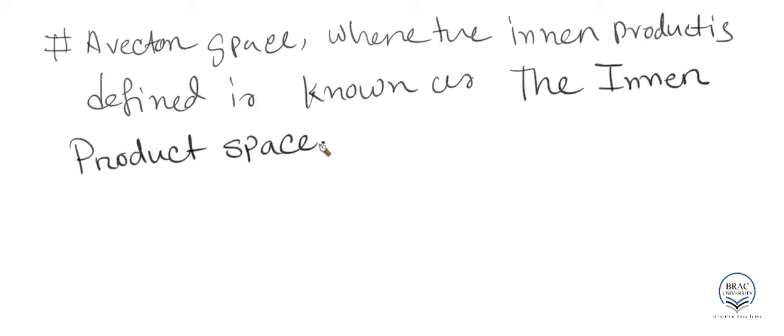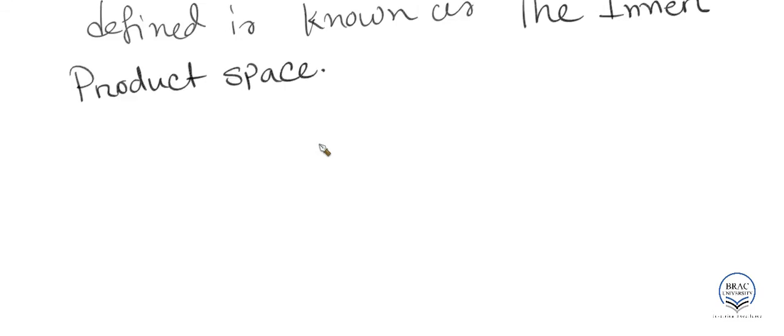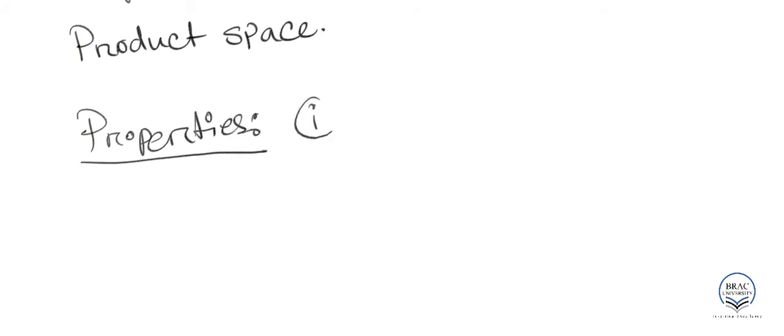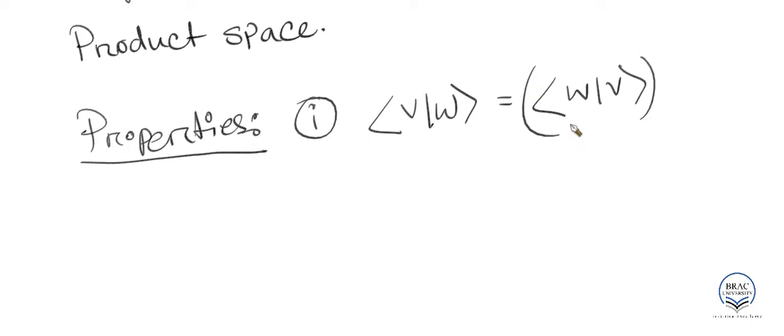So let's try to see some properties of this inner product. The first property is that v inner product with w is the complex conjugation, that is the adjoint, of w inner product with v. And this is similar to the symmetry when we see dot products.